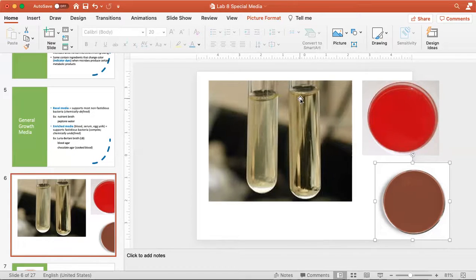Now, after I inoculate this broth with cells and I put it into the incubator for at least 24 hours, it's going to look like this. You see the difference? This broth is cloudy now. I know that I've been successful at growing cells in here because the broth has changed from clear to cloudy. That's my signal that I've been successful at growing cells.